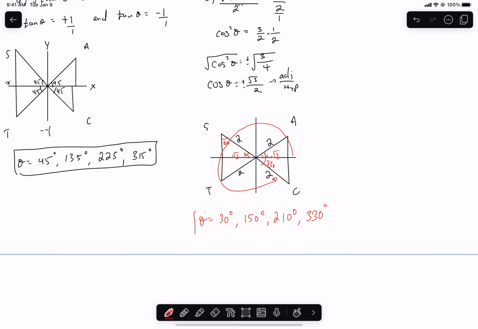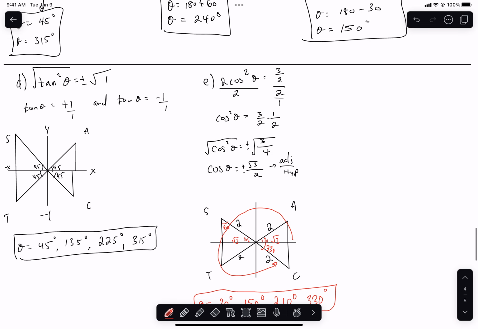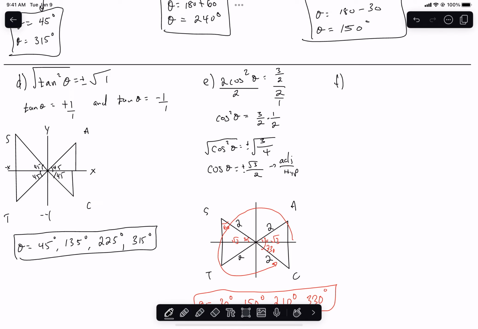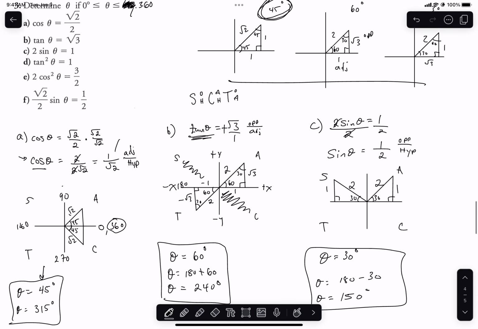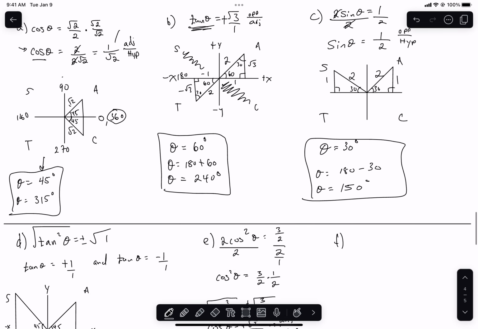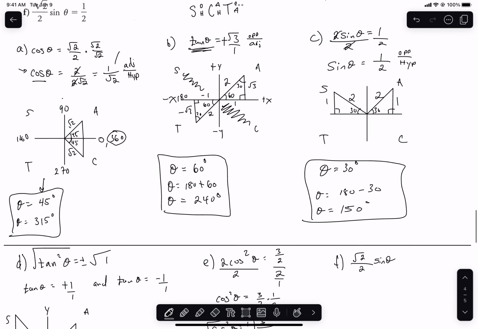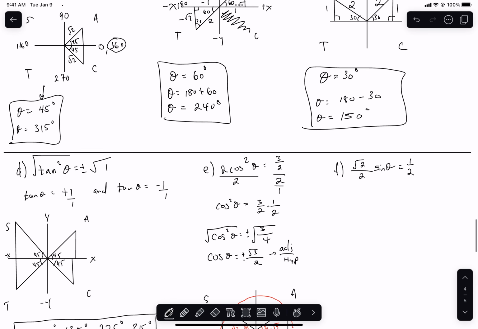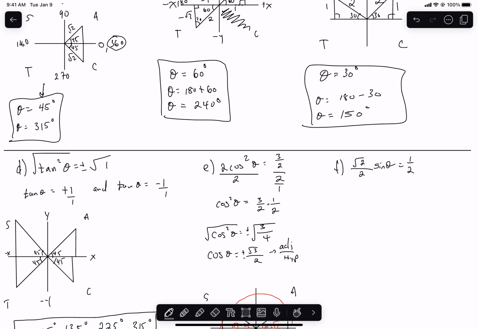Okay, so there you have it. One more, question F. Let's take a look at F. F says root 2 by 2 sine theta has to equal 1/2. Well, let's try to isolate sine theta.